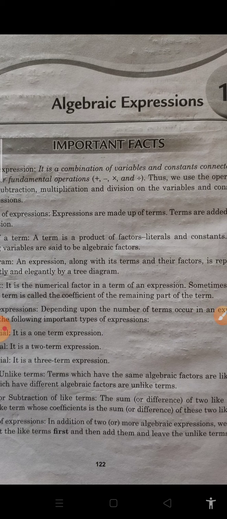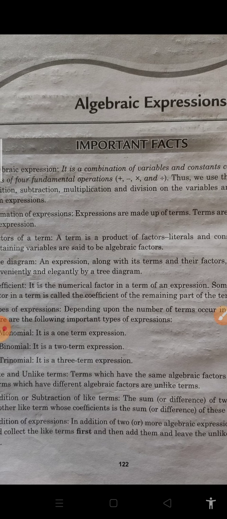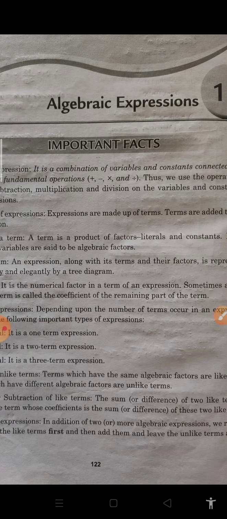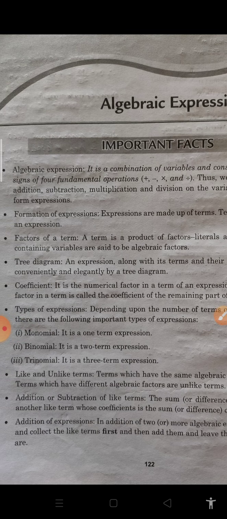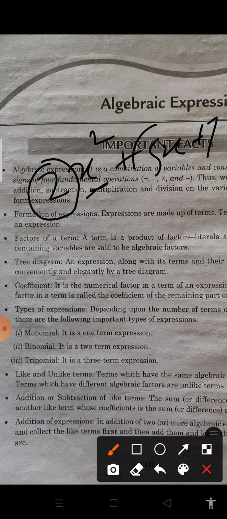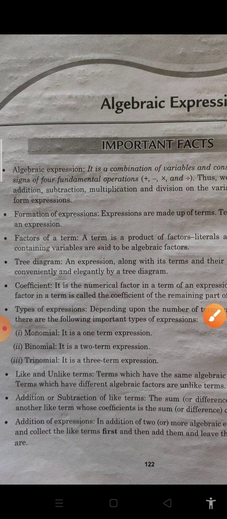Any algebraic expression with only a numeric value is called a constant. Suppose 2x square plus 5x plus 7. So 2 is the coefficient of x square, 5 is the coefficient of x, and 7 is a constant because it has no variable. So it is the coefficient.